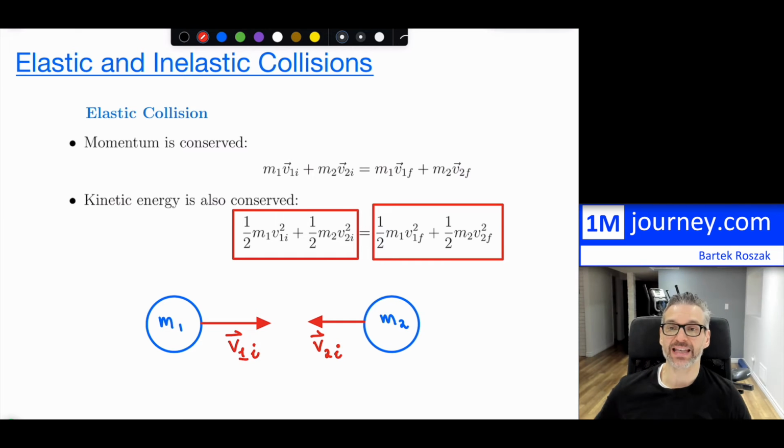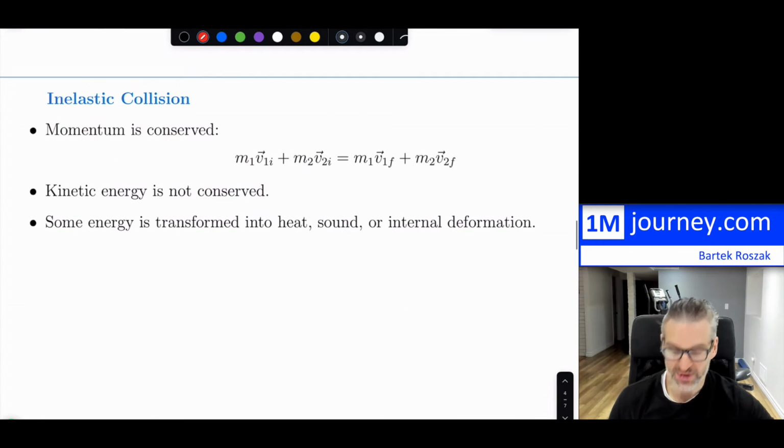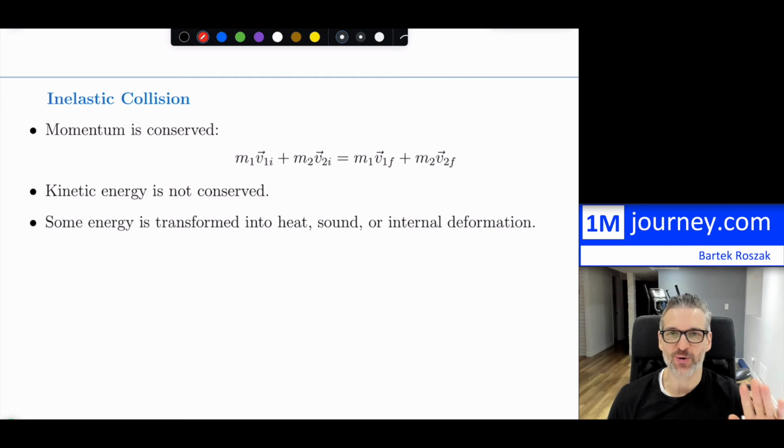So again, elastic collisions create the concept that both momentum and kinetic energy are conserved, and that only happens in elastic collisions. Now, the second component is inelastic collisions, where momentum is conserved. Momentum is always conserved, so that always sticks around. Also, the total amount of energy is always conserved.